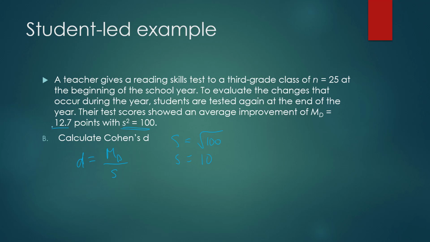We know our mean difference score, so our Cohen's d is just taking 12.7 over 10, which is going to give us a value of 1.27, which is a very large Cohen's d.